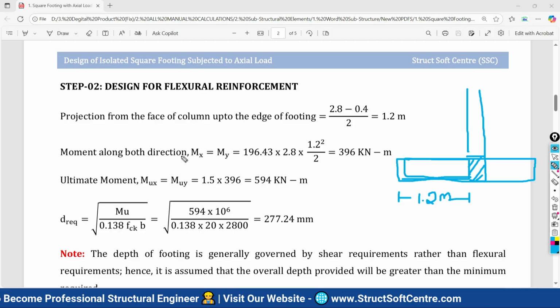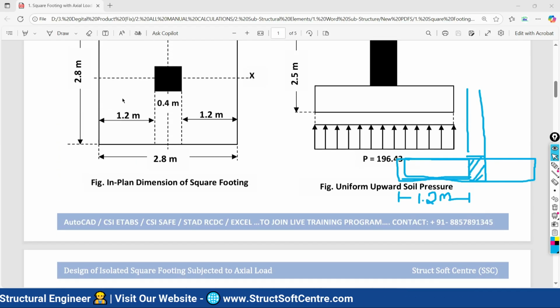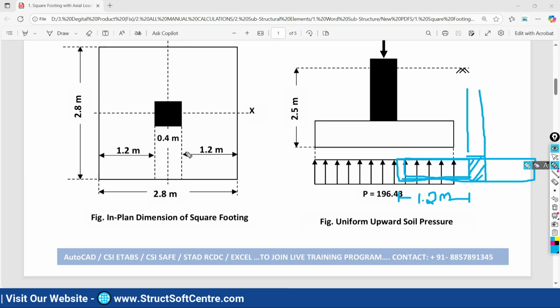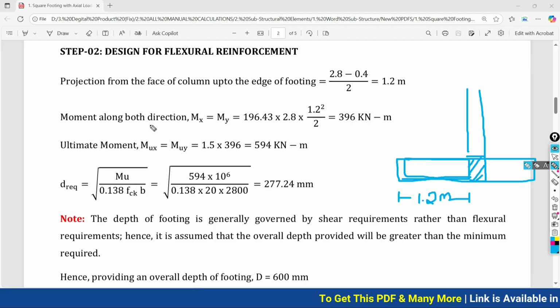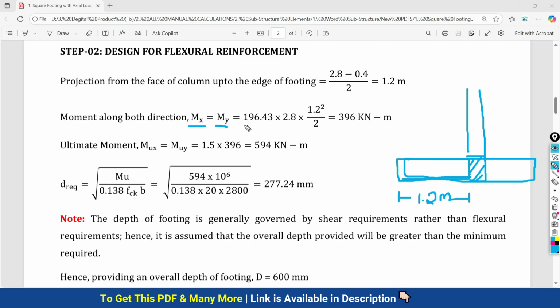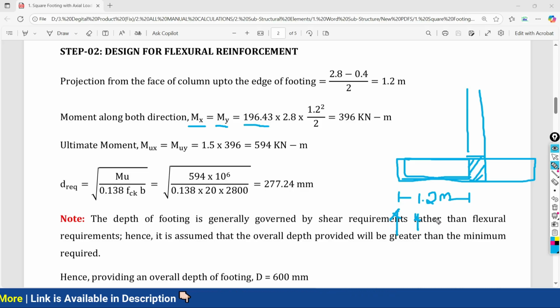Moment along both the directions, because your footing is square footing. If you do the calculation in this direction or in this direction, in both directions the calculation, values and results will be the same. So the moment along the x direction as well as along the y direction is the upward soil pressure, 196.43, multiplied by the transverse width of the footing.